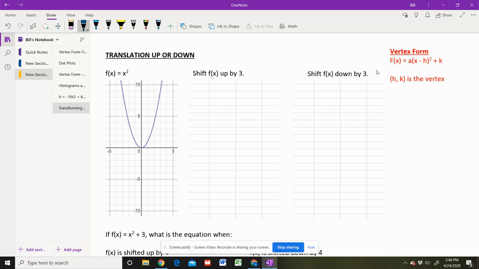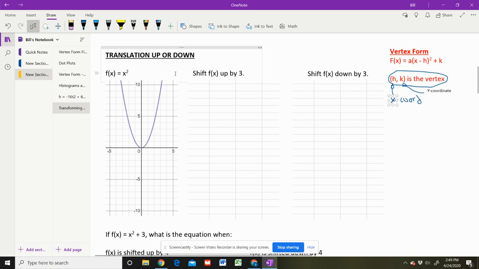Again, if we look at this right here, our vertex is h comma k. h represents our x coordinate, and k represents our y coordinate.